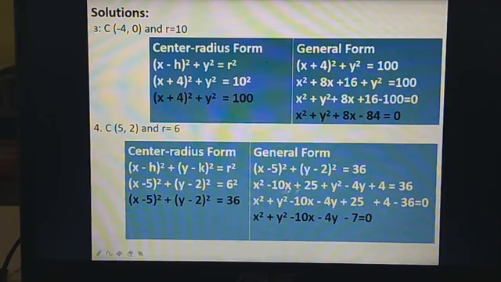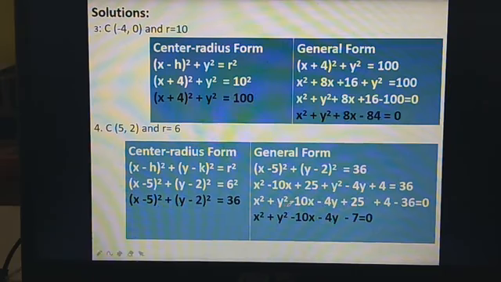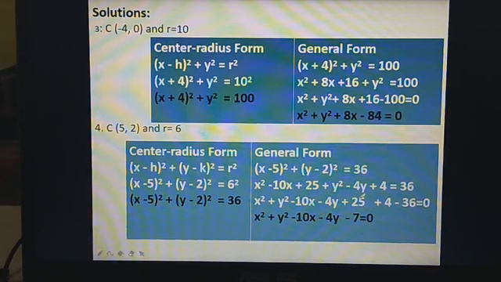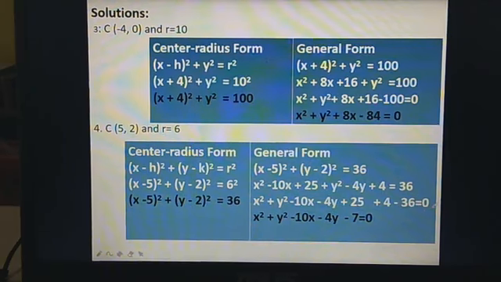Subtract 36 both sides, so we have x squared plus, isunod na natin yung term na y squared, plus, isunod natin yung x term, so we have negative 10x, then followed by first degree ng y term, negative 4y, and then all constant term, 25, 4, and negative 36 equals 0.